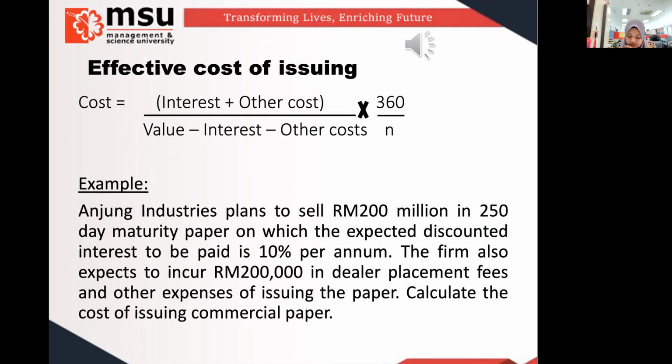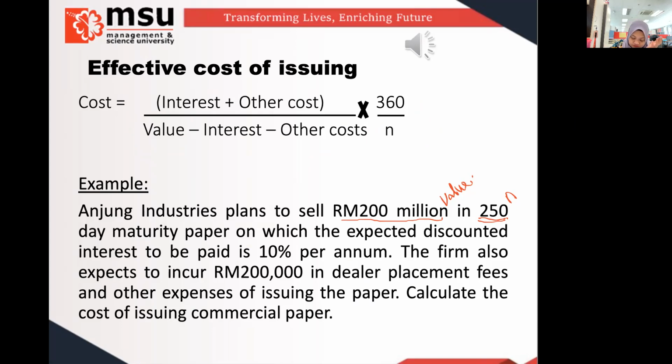An industry plans to sell 200 million. This is the value of the commercial paper. It is a 250-day maturity paper, so this is n, 250 days, on which the expected discounted interest is 10% per annum.